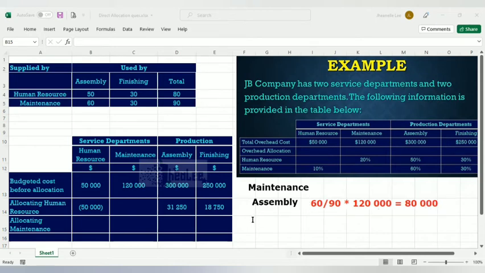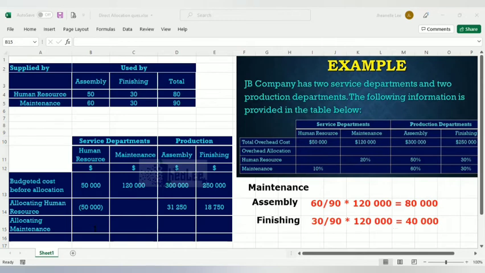Now we're going to do our workings for the next production department, which is the finishing. All right, so back to step one to pick up our data. Finishing is 30 divided by the total of 90, and we're going to multiply by the 120,000 that we are sharing, and that gives us a value of 40,000 based on calculation.